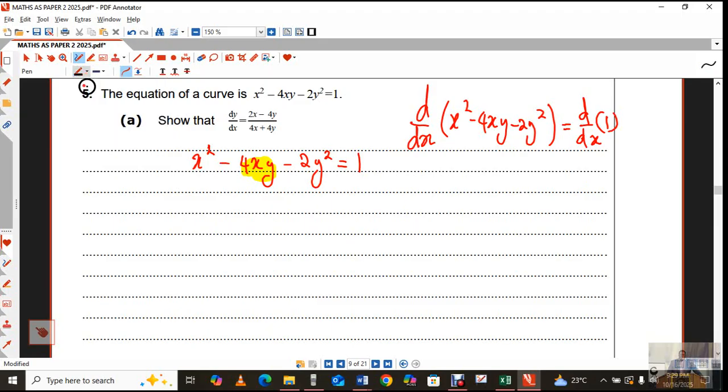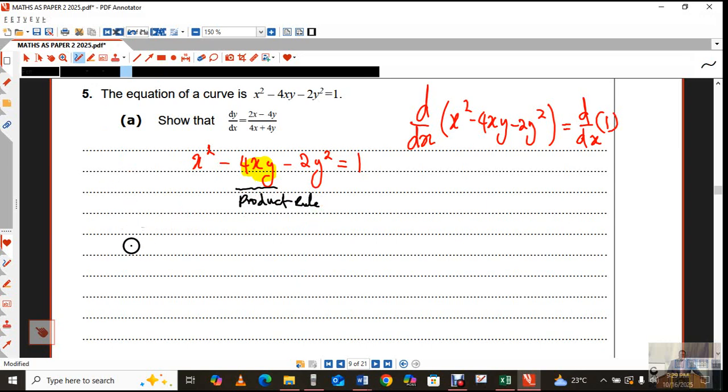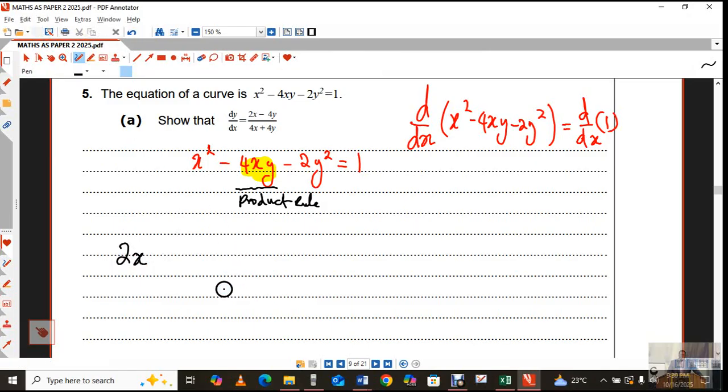So this here, take 2 times, you reduce the power, minus, now here we are going to use the product rule. What does the product rule say? So this is 2x, not square, 2x. Let's save this because I can already see things are happening there.